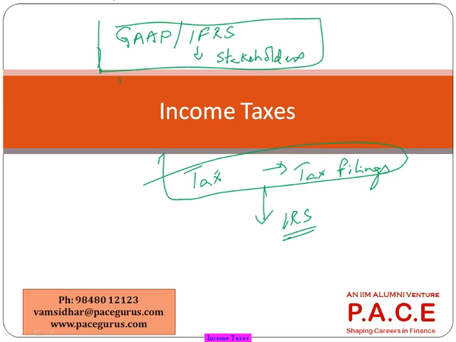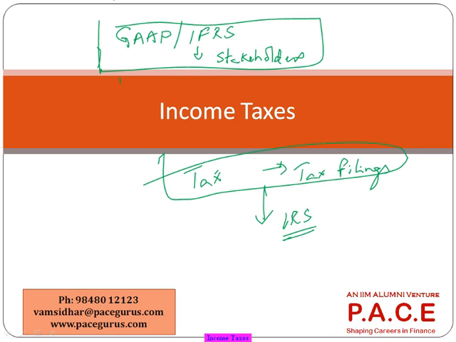And because of that, the tax which you show as a part of the GAAP or IFRS framework, where you have EBT, tax, and then PAT or net income, may be different from the tax which you actually show as a part of your tax filing.